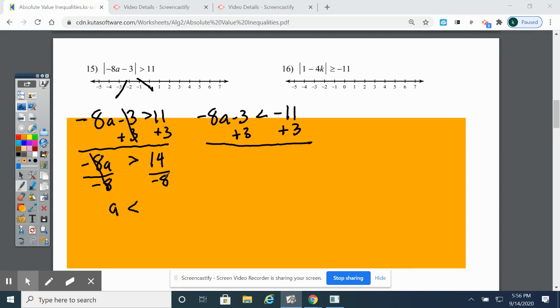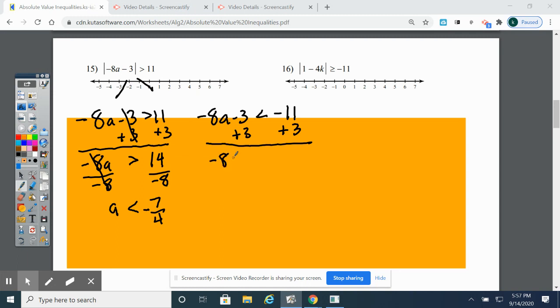Now, both of these numbers are even, so they reduce by 2. 14 divided by 2 is 7, and -8 divided by 2 is 4. And that number is negative because of the negative at the bottom here. So a is less than, a is getting picked on. So these guys think they're the bully this time, picking on a. A is less than -7/4.